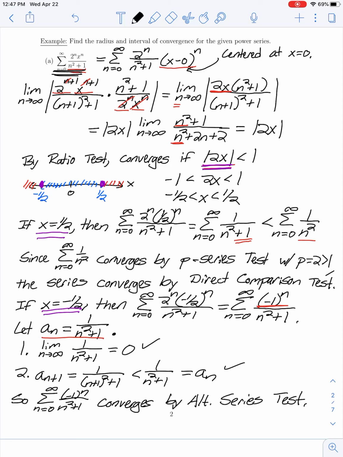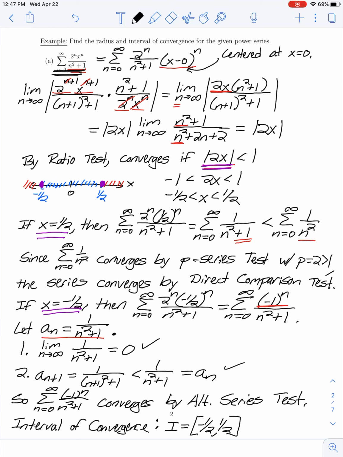So for this example, we would say that the interval of convergence would be given by capital I equals the closed interval from negative 1/2 to positive 1/2. We include both endpoints, and we denote that by using square brackets for those endpoints.